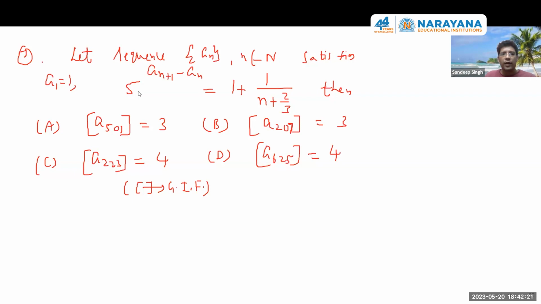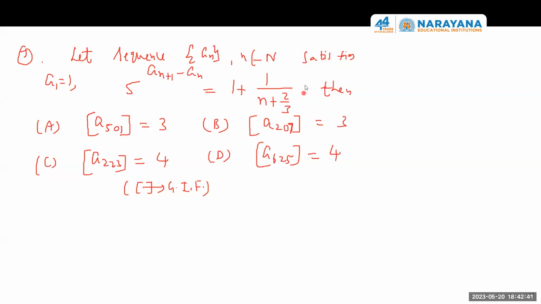So this is 5 raised to the power n plus 1 minus n, 1 plus 1 upon n plus 2. Yeah, Karthik has written something that is correct. Now you have to tell me which options.